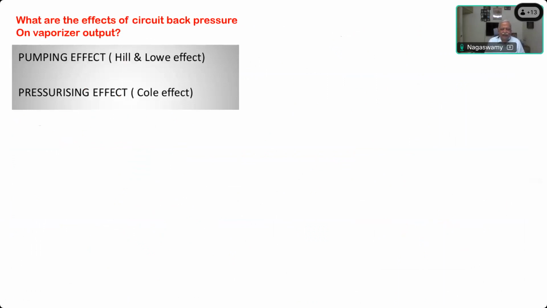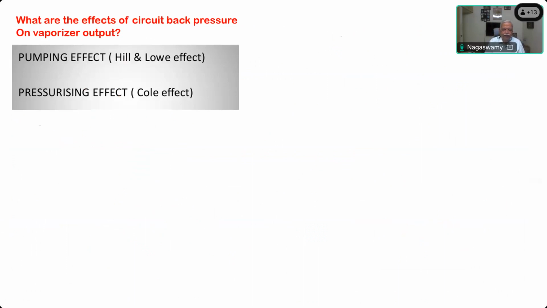So for the next breath, once you relax and then allow the next breath when you squeeze, more than the fixed dial output will be going there. This is called the pumping effect. The pumping effect happens at the outlet of the vaporizer. Is it clear?